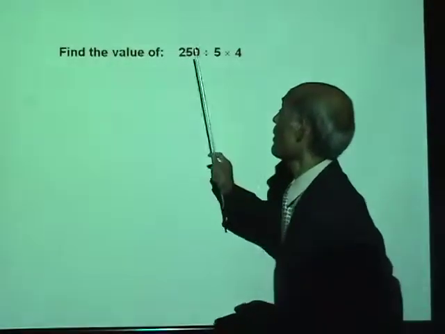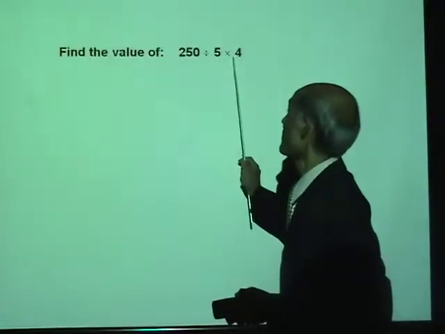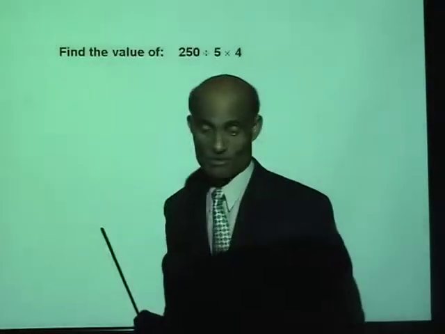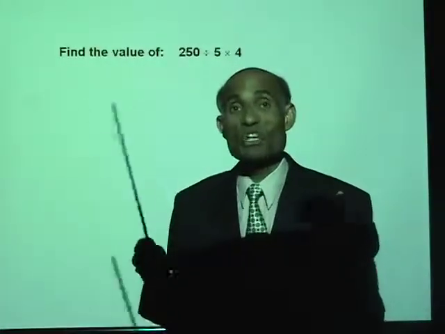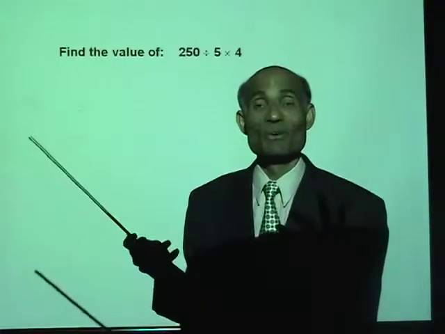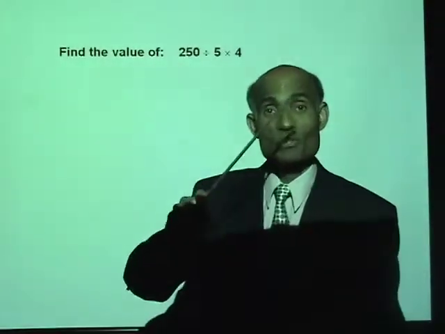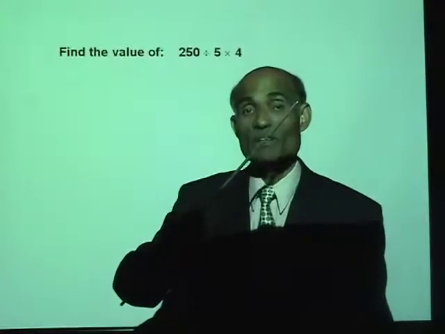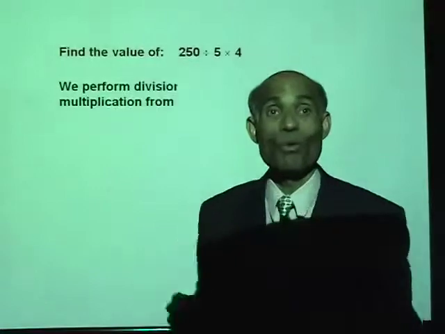Find the value of 250 divided by 5 multiplied by 4. You notice that there are only division and multiplication here. What is the rule that we use? You do the operations from left to right in the given order.